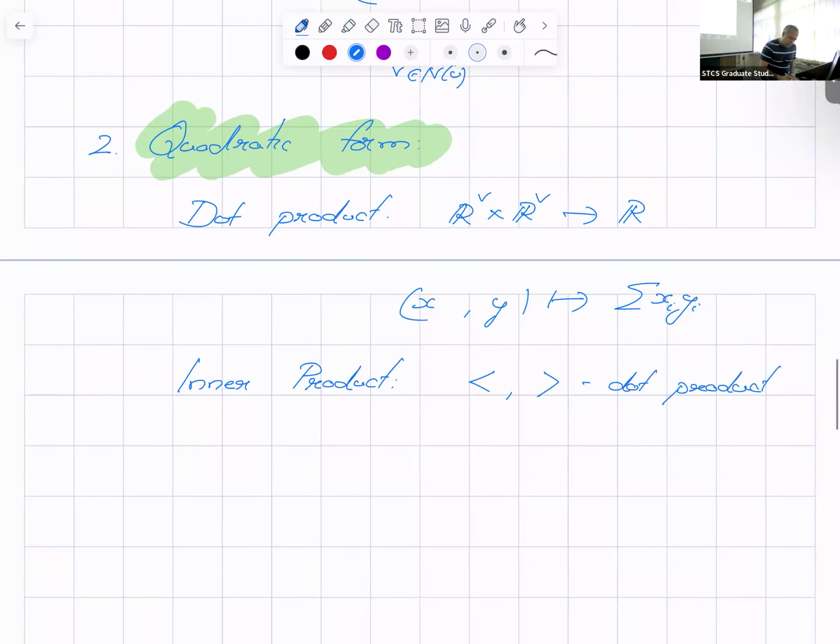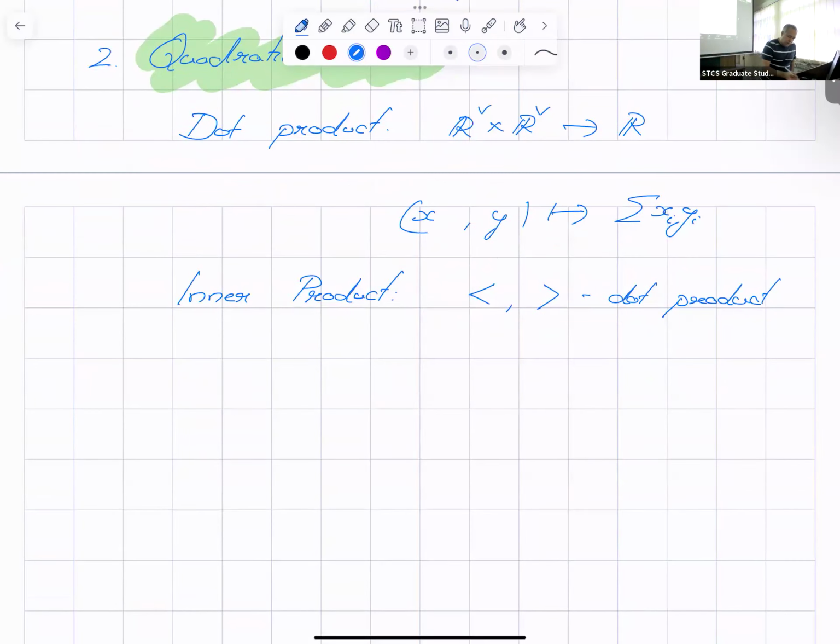And given a matrix, so what do I mean? Given a matrix M, I can come up with a new inner product, Q_M, which is the quadratic form associated with M. What is this quadratic form associated with M?